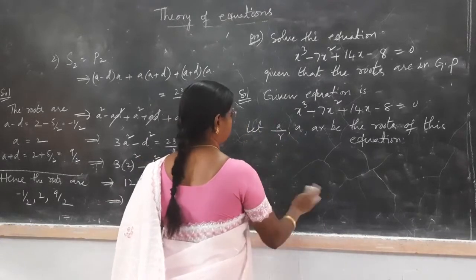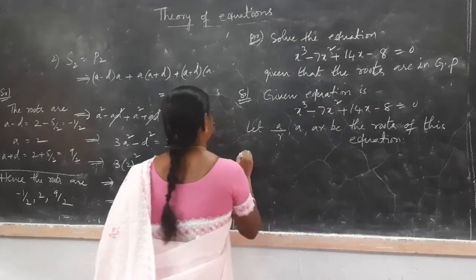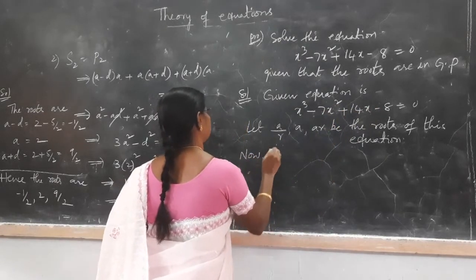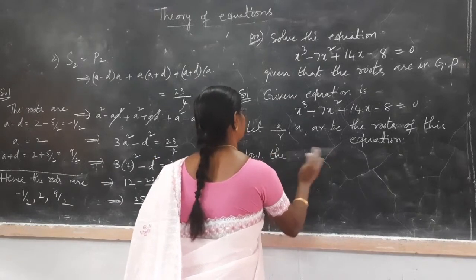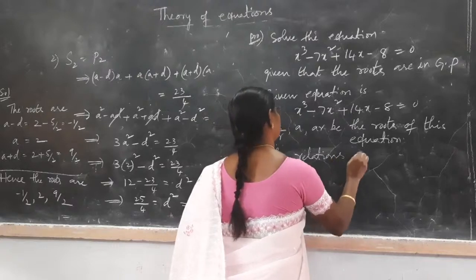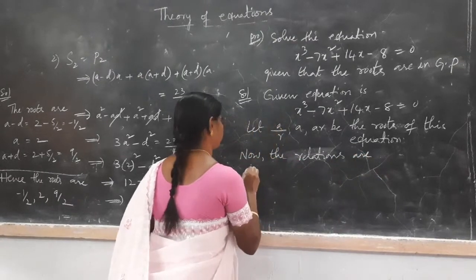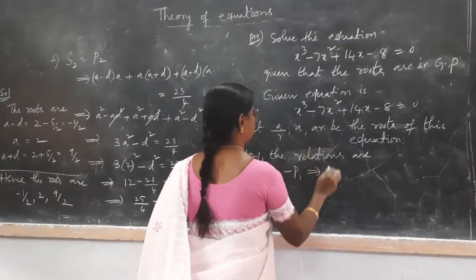now the relations. These are the roots, and here we can see the coefficients. Now the relations are: first one, S1 is equal to minus p1. What is S1? Sum of roots.